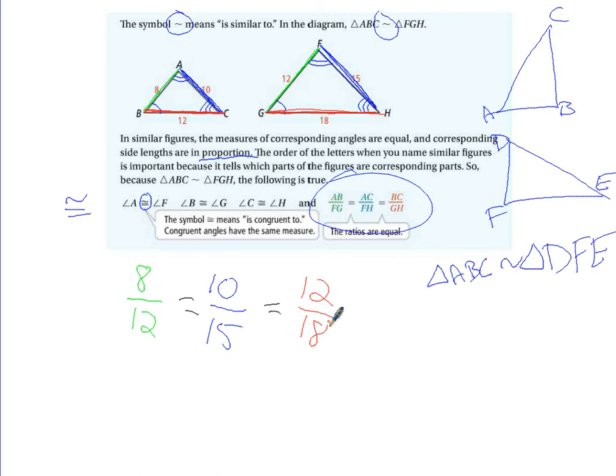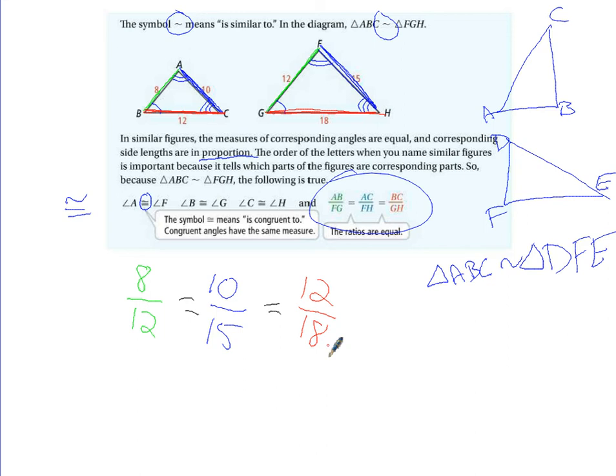Is this true? 8 twelfths equals 10 fifteenths equals 12 eighteenths. Is that a true statement? Yes. 8 twelfths reduces down to what? Two-thirds. 10 fifteenths reduces down to what? Two-thirds.